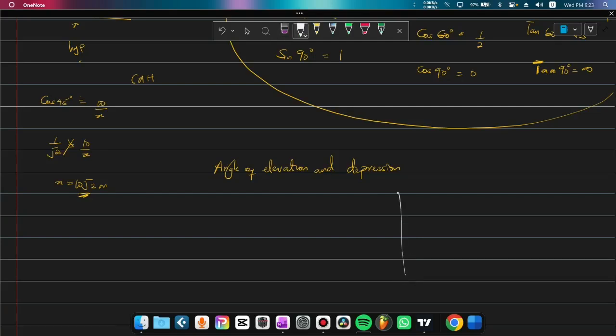Forgive my drawing of the bird. I have a bird flying or standing on this particular pole.